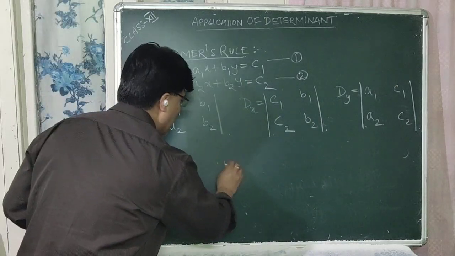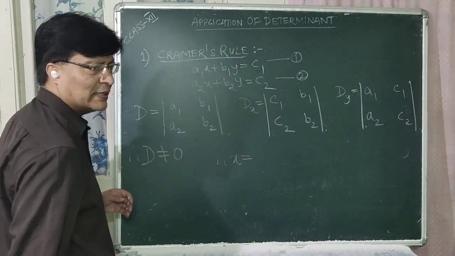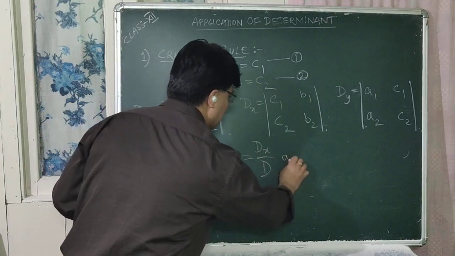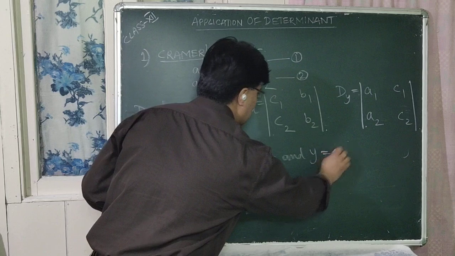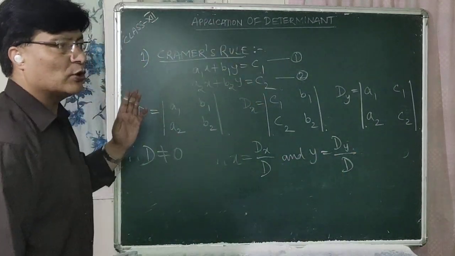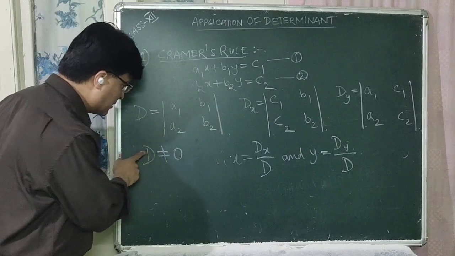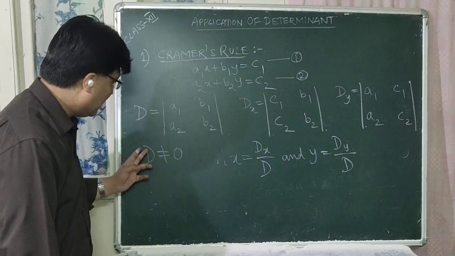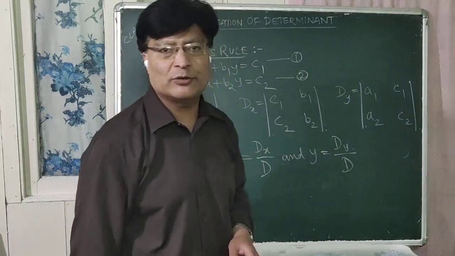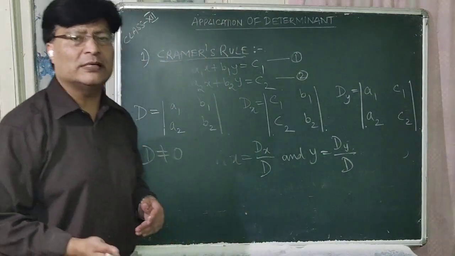So now, how can we get the value of x? x is equal to dx by d, and y is equal to what? It is dy by d. In this case, I have written here d not equal to 0. If d is equal to 0, what happens? The denominator will be 0, and if the denominator is 0, it is undefined.